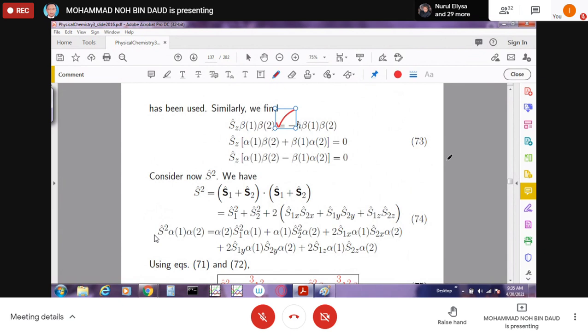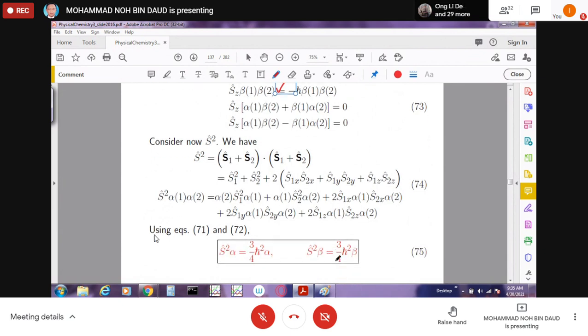Using this property you learned in physical 1, alpha here is the eigenfunction for S square and Sz. So this is the eigenfunction.